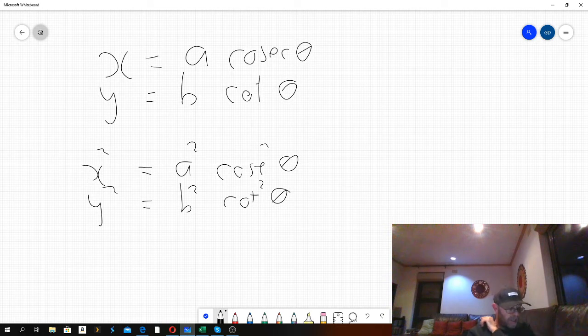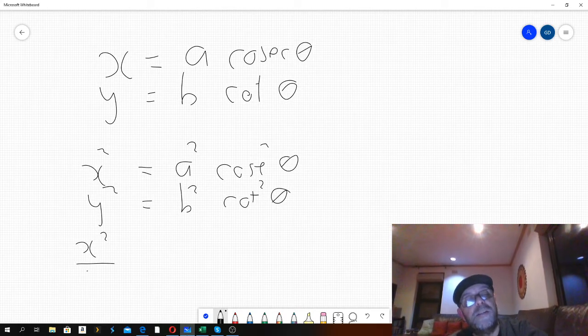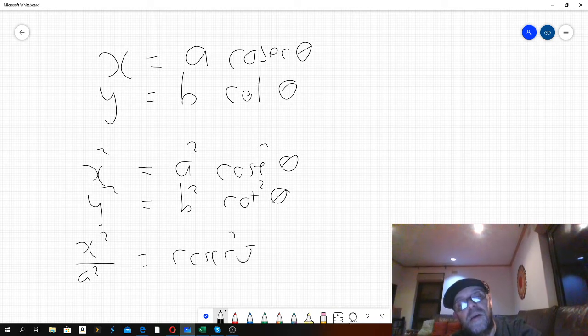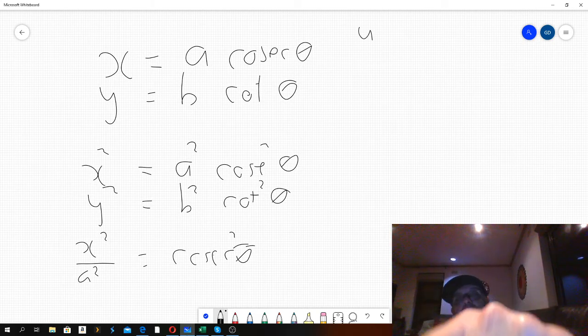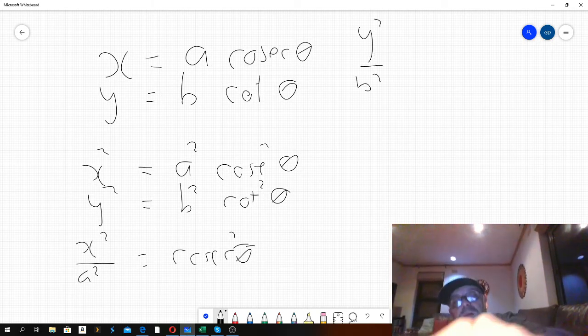Again, I see that if I have cosec squared minus cot squared, then I could get a 1. The problem is we've got some different equations here with a squared and b squared. So I'm going to write x squared over a squared is simply cosec squared, and y squared over b squared is equal to cot squared.